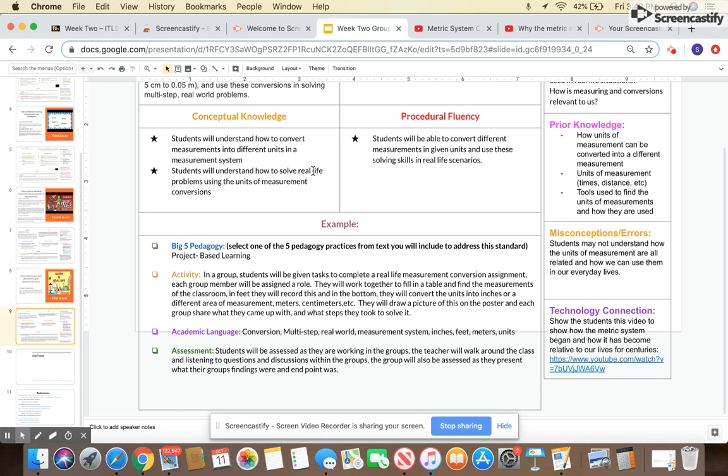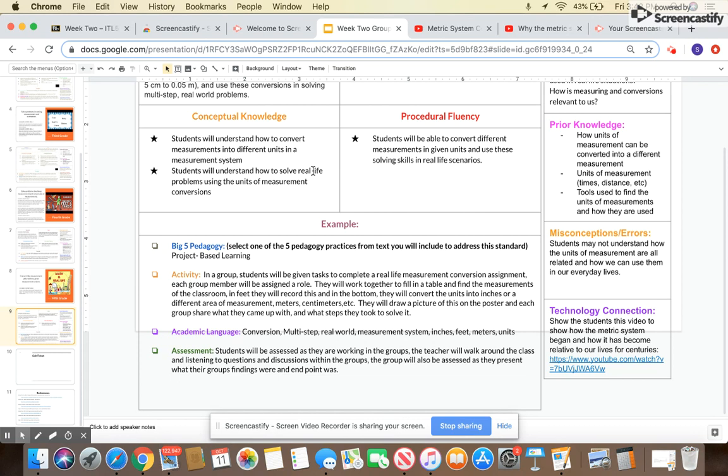An example of this could be project-based learning. In a group, the students could be given a task to complete a measurement of a real life scenario. Having each student take on a role would be a great way to start this assignment, and having them fill in tables and find the measurements of a classroom. So how big the classroom is, and they can choose to measure in yards or feet.